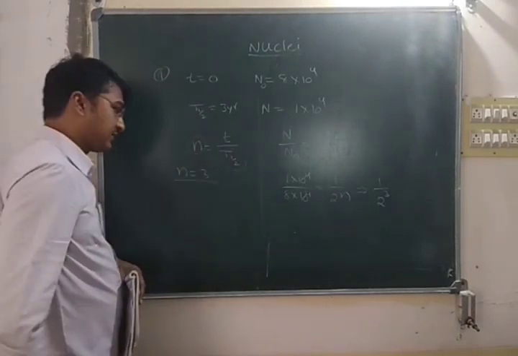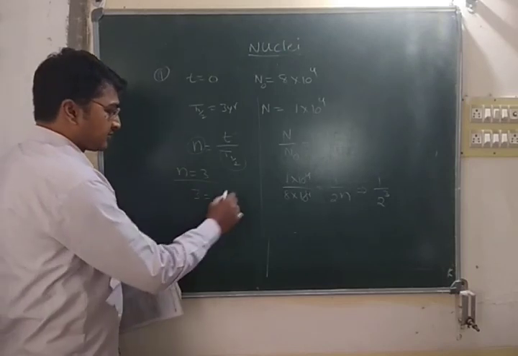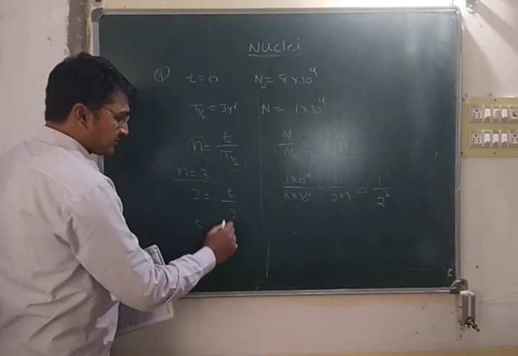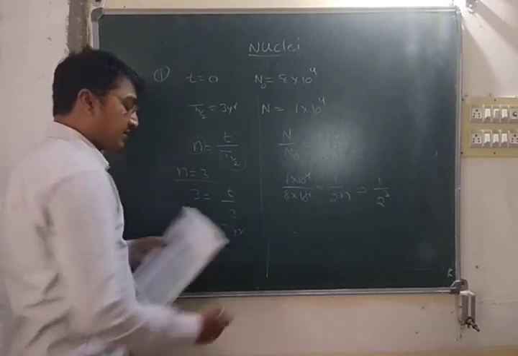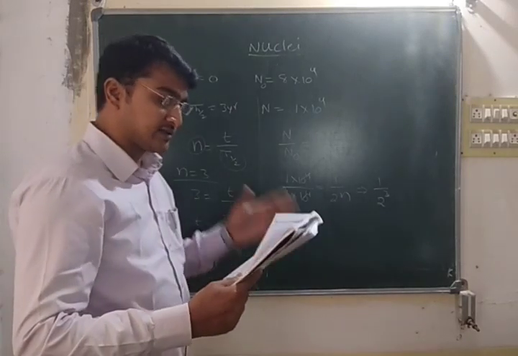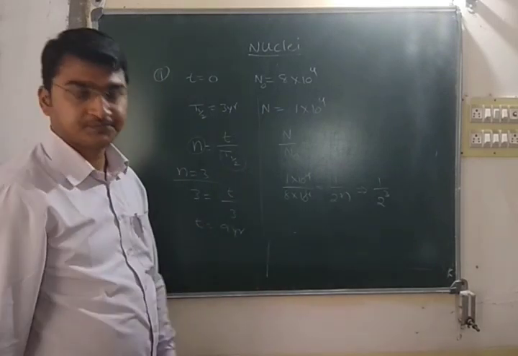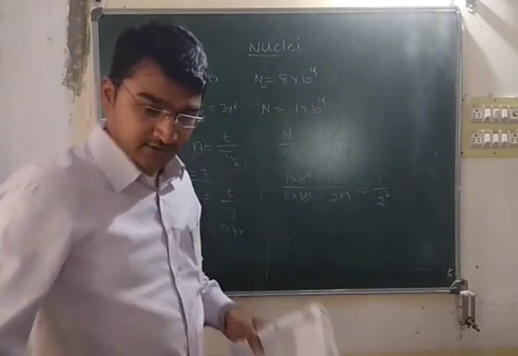This is one step over. Now n is equal to 3, so 3 is equal to t divided by the half-life time 3. So t is equal to 9 years. Your options are 9 years, 8 years, 6 years, 24 years. Answer over.